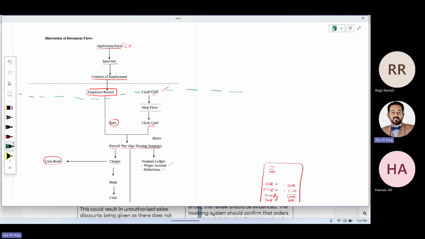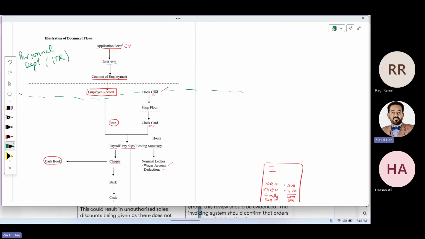Record maintenance means preparing his file and updating his file. And this should be a function of the personnel department, or you can say the HR department. Meaning personnel or HR department should maintain employee records.